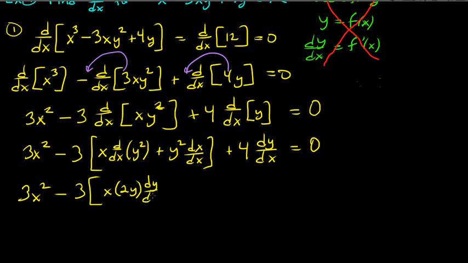The derivative of y with respect to x. Right. Plus y squared times, well, the derivative of x with respect to x, that's just 1. So y squared times 1, or just y squared, right? Plus 4 times the derivative of y. Still equal to 0.